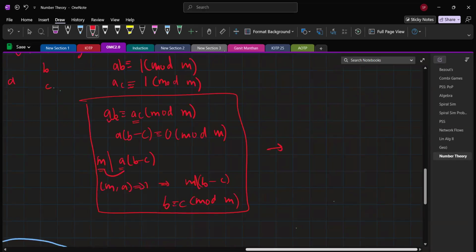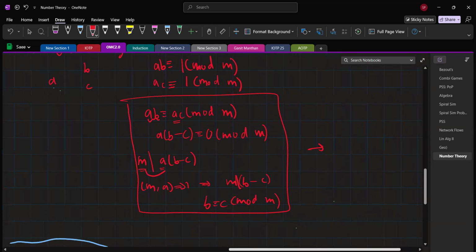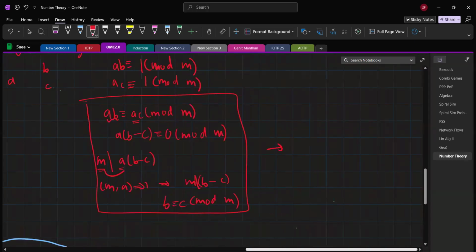Basically, if I take the multiplication table of A mod M, then AK is a permutation of K. Exactly. So this tells us that if we have any two multiples of A mod M, they have to be different. If I'm multiplying A by two different numbers, the answer has to be two different numbers.